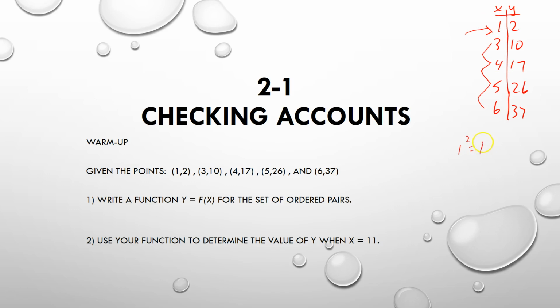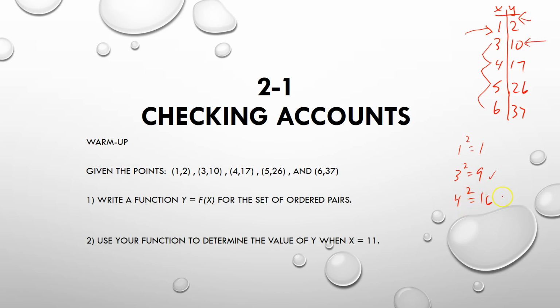If I do 1 squared, I get 1. If I take the next x value, 3, and I square that, I get 9. If I take the next x value, 4, and square it, I get 16. Now, when I squared 1, I got 1, not 2. I wanted 2, but I got 1. When I took 3 and squared it, I got 9. I wanted 10, but I got 9.